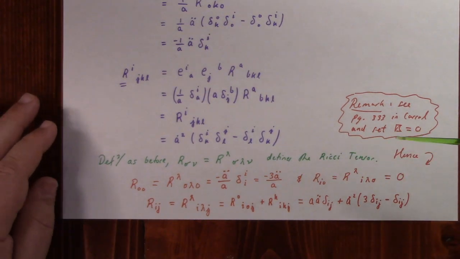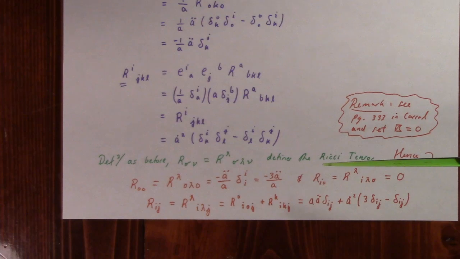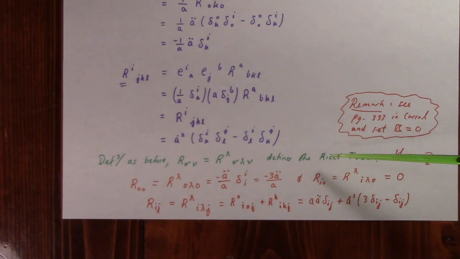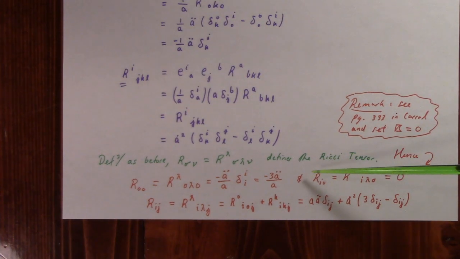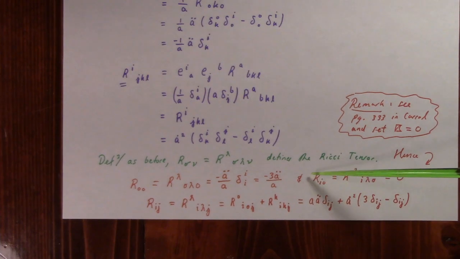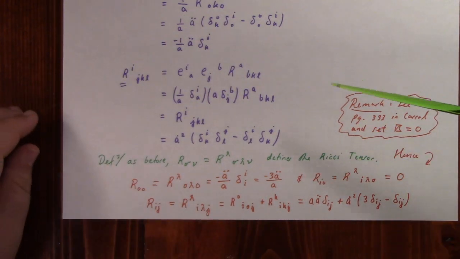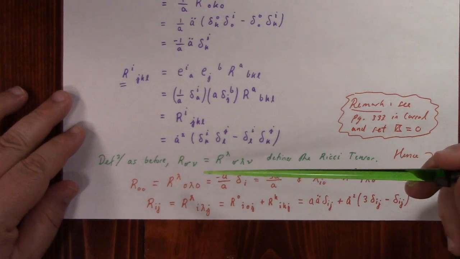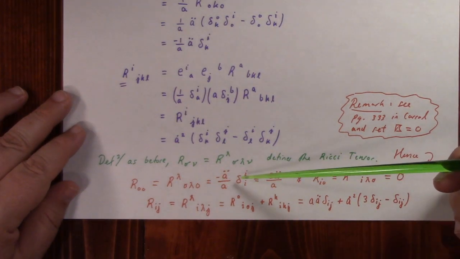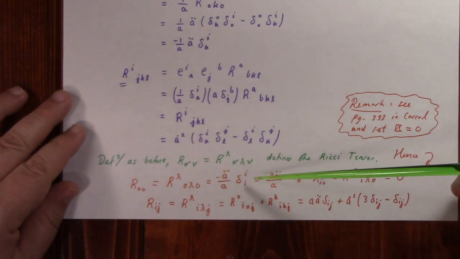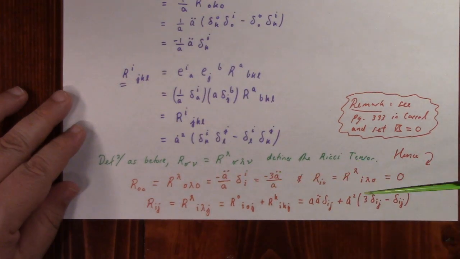And then you can calculate the, is that my last page? That might be my last page. All right. And then anyway, you can calculate the Ricci tensor by contracting the Riemann. If you do that here, you get 3A double dot over A for R00, and 0 for the other one.